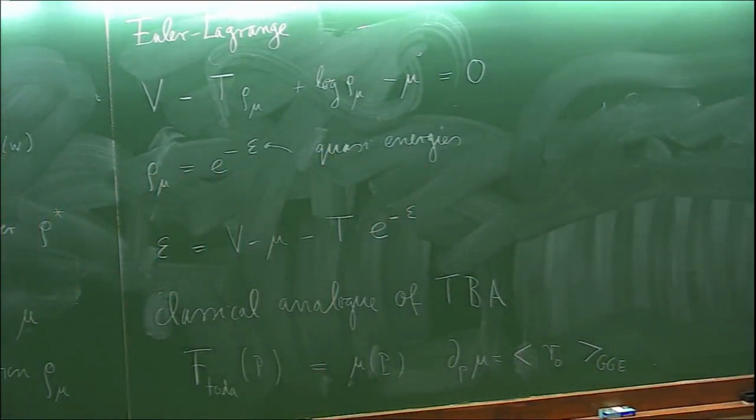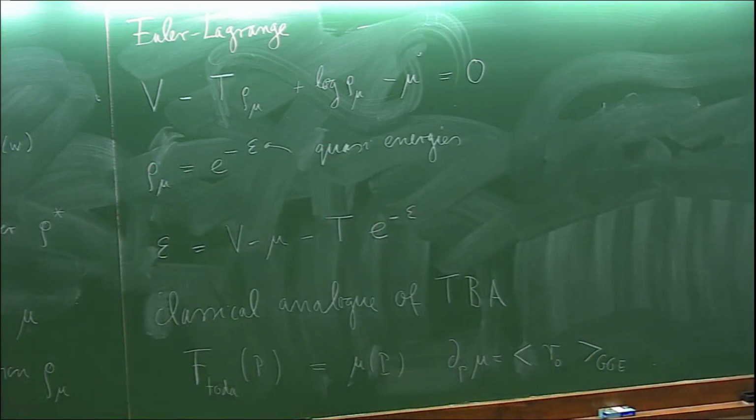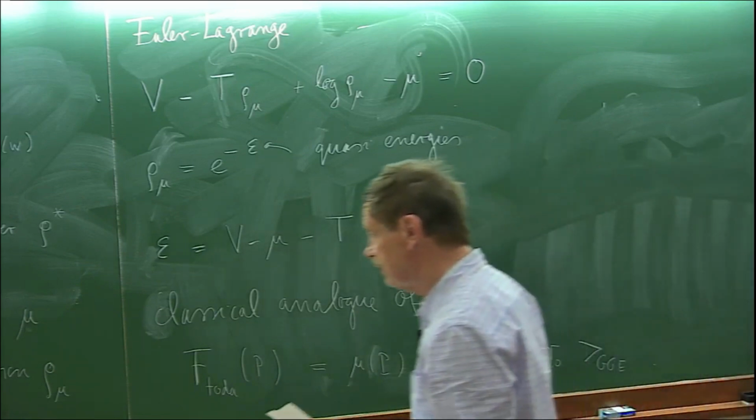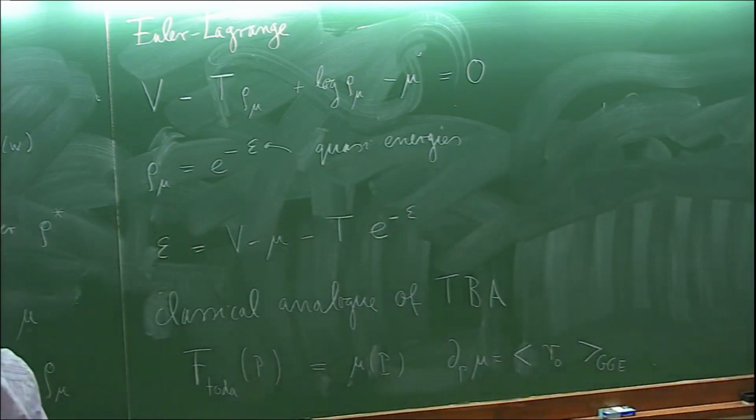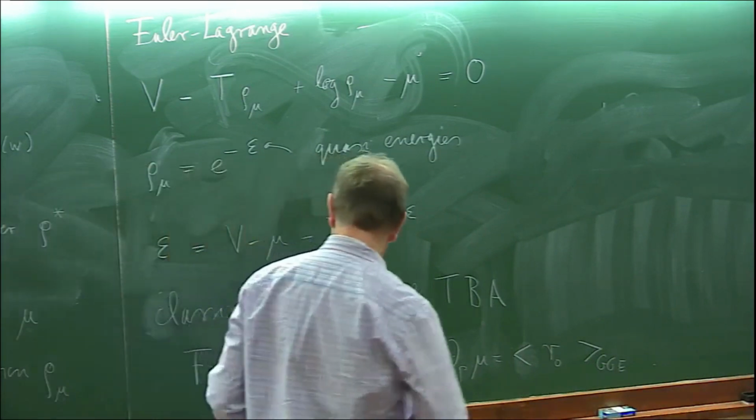Okay? And the other thing which maybe I should mention also is the Lax DOS. So how does the Lax DOS appear in this kind of formalism? Let's see. Let's make a little bit more space here.